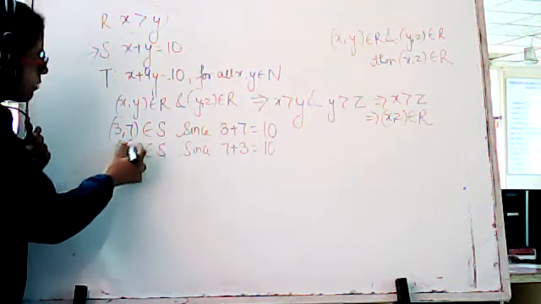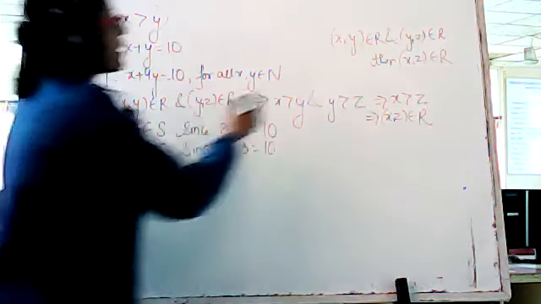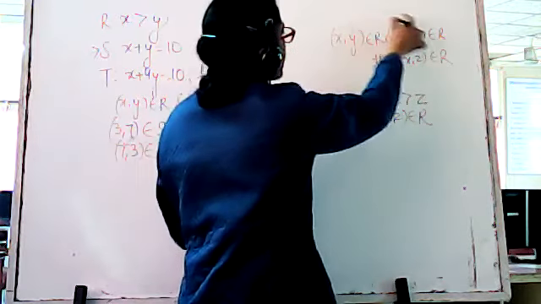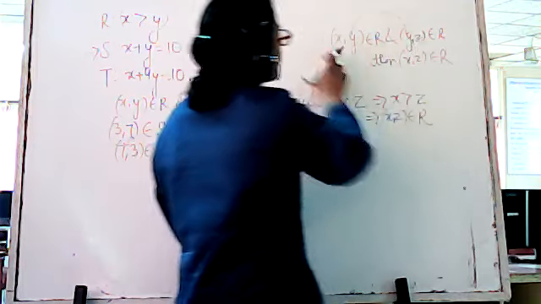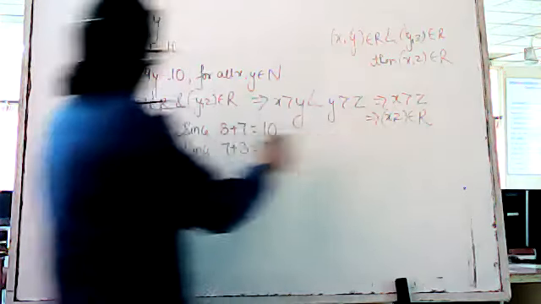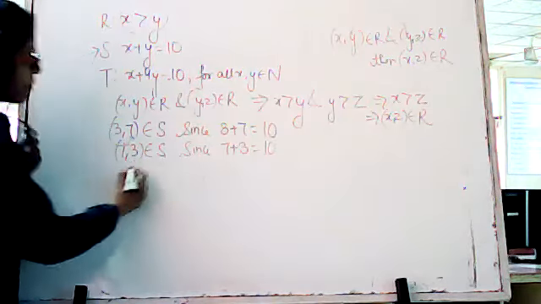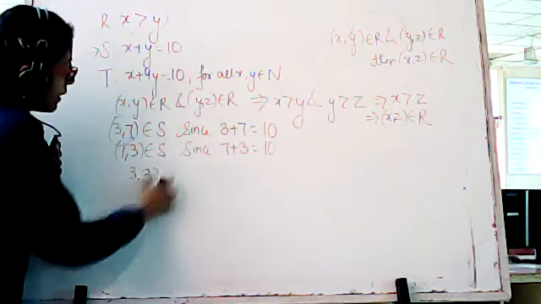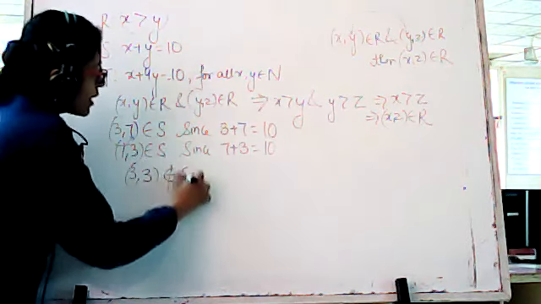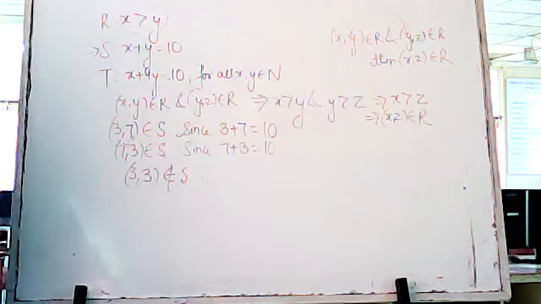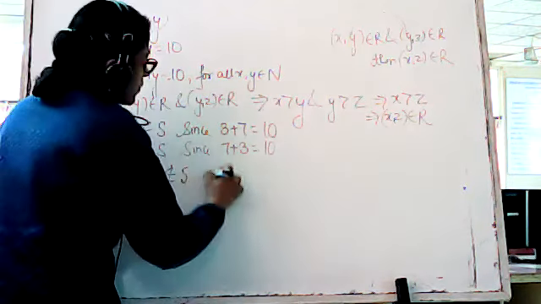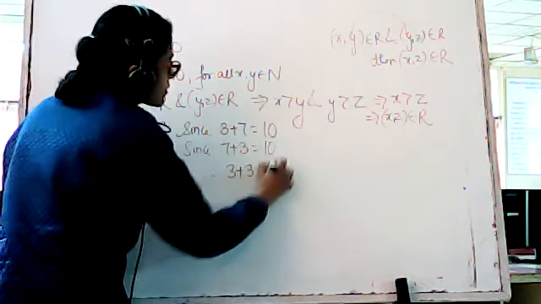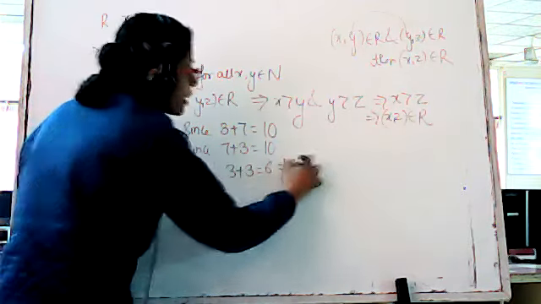No. 3 plus 3 is 6, which is not equal to 10.